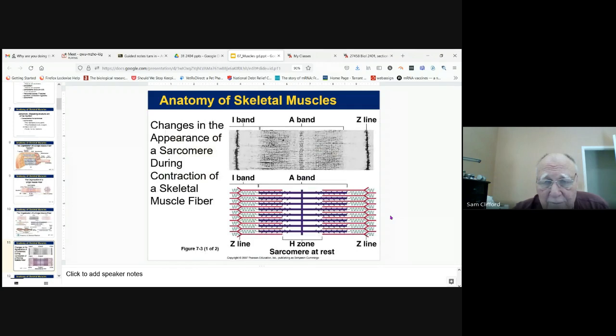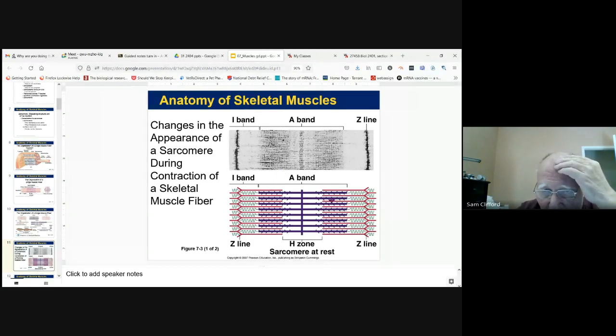So if we look at an electron microscope image of a sarcomere, you can see that when we have relaxed muscle, here's the Z line, here's the Z line. The I band is only actin, the A band is actin and myosin.